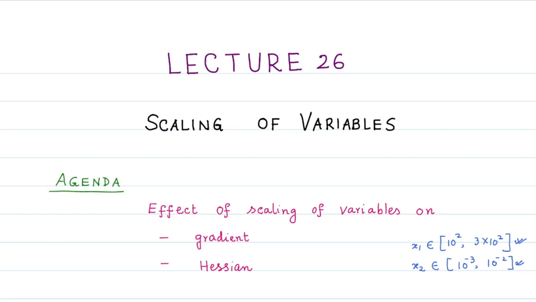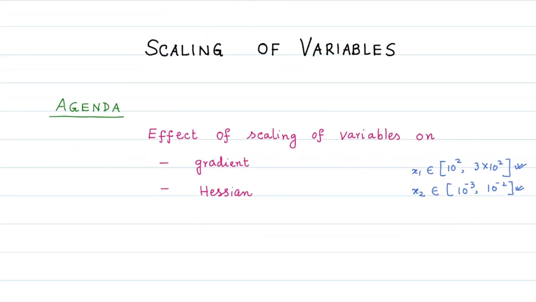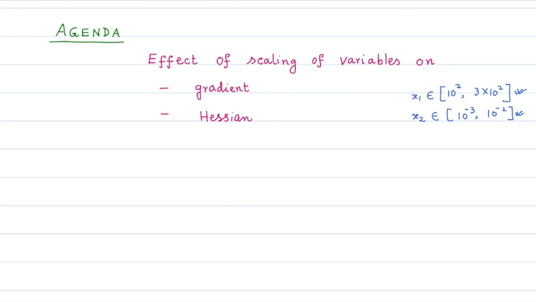We notice that when x1 and x2 are in these ranges and we calculate the norm of the vector x with components x1 and x2, say the Euclidean norm, the square root of x1 squared plus x2 squared, the effect of the value of x2 in this calculation is virtually ignored.